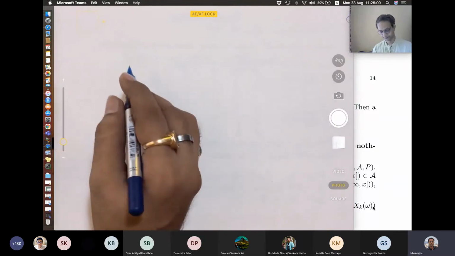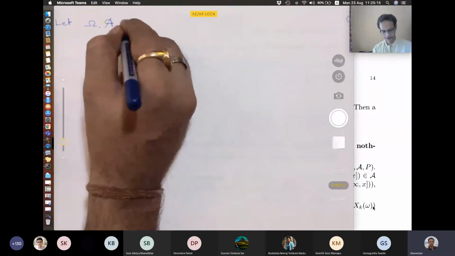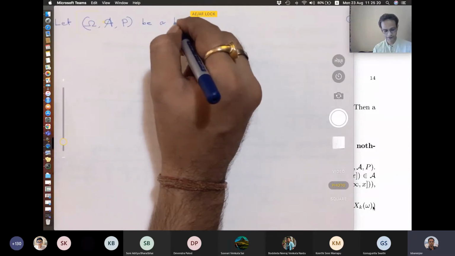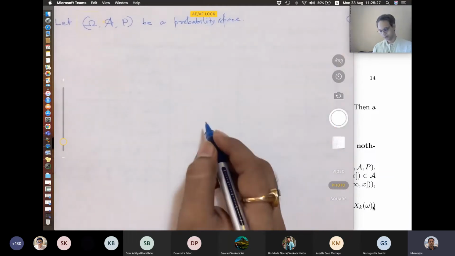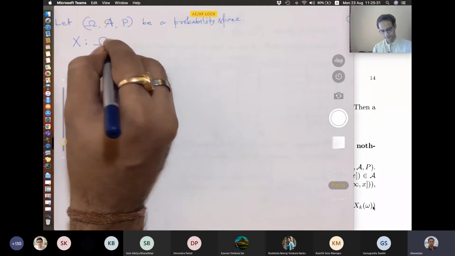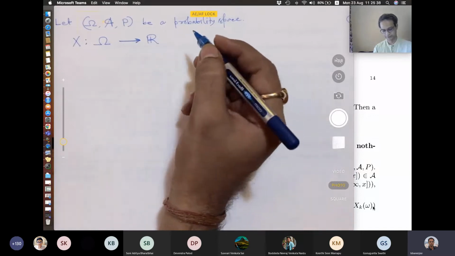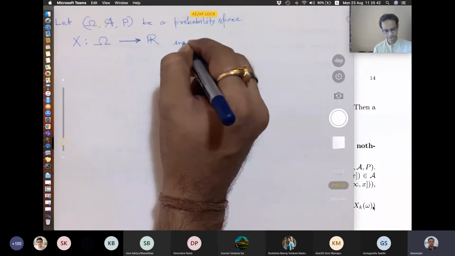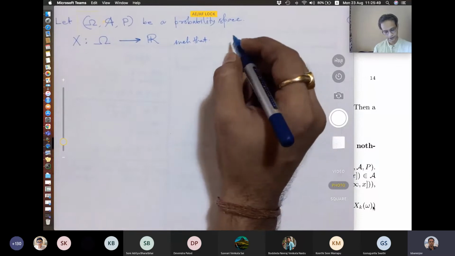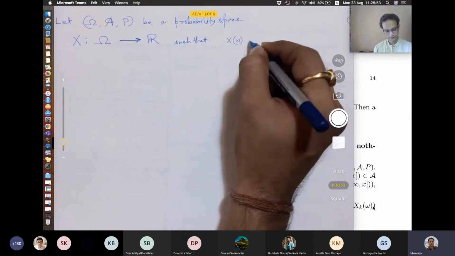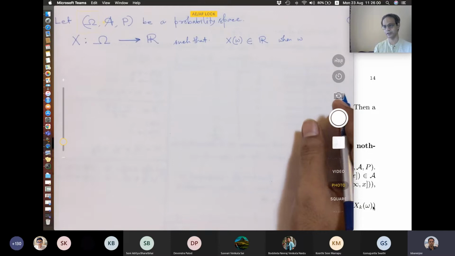Let (Ω, A, P) be a probability space and X is a function from Ω to R. For the time being, let us restrict to R, and then naturally we can extend, such that X(ω) belongs to R, where small ω you can think of like head, tail, head.